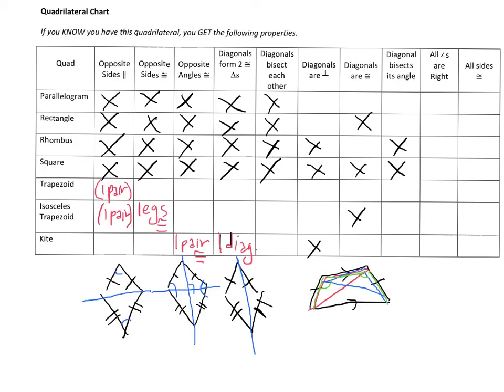And we also know, like I said earlier with the kite, that with that one diagonal, it bisects its angle. All angles are right. We know that only to be true for rectangles and squares. That one's pretty clear. And all sides congruent. We know that has to be part of the definition of a rhombus and a square.